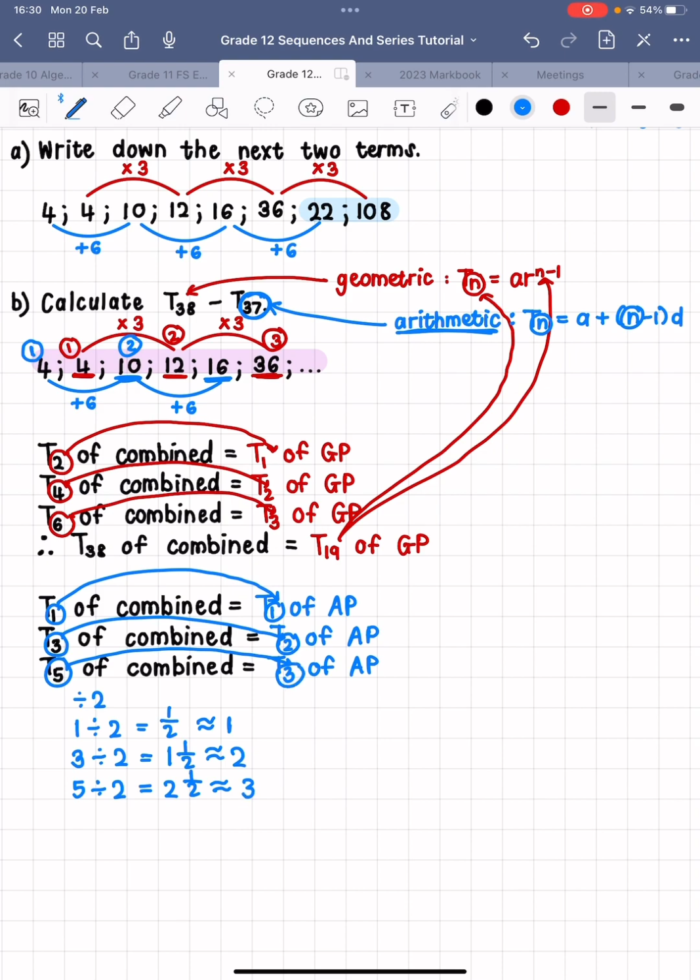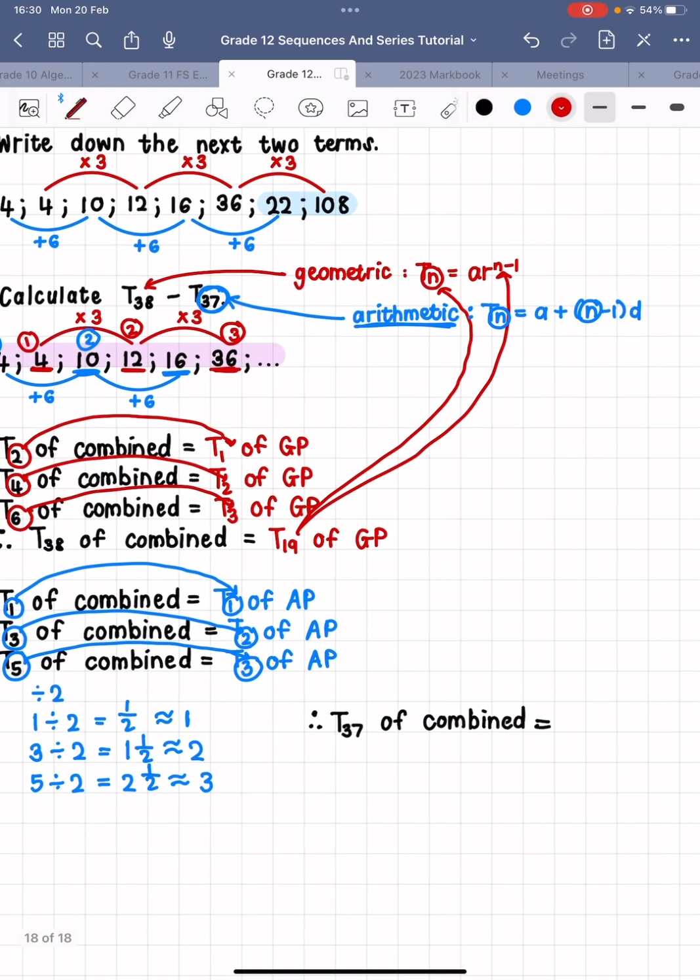So if we are following this number pattern, we're going to have to say, if we're taking term 37 of the combined pattern, it is going to be equal to term, now what is 37 divided by 2? That is 18.5. If you round that up, that will give you 19. So term 37 of the combined pattern is going to be term 19 of the blue pattern.